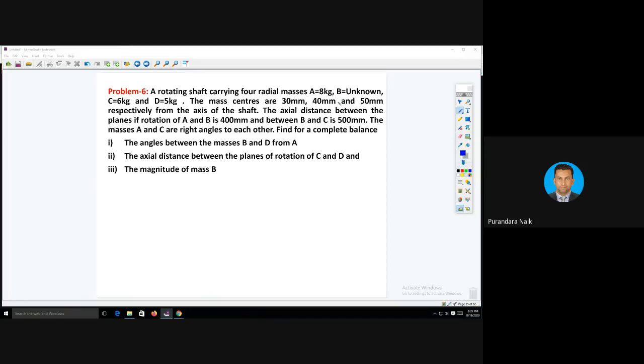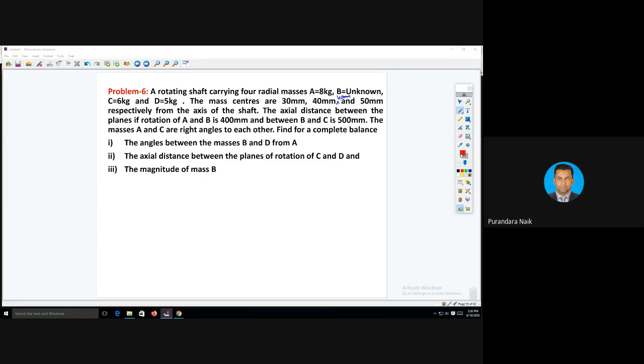After B, C is equal to 40 millimeter and D is 50 millimeter. 30, 40, and 50 millimeter respectively means RA is equal to 30, RB is equal to 40, RC is equal to 40 millimeter, and RD is equal to 50 millimeter. So let us start writing the given data.